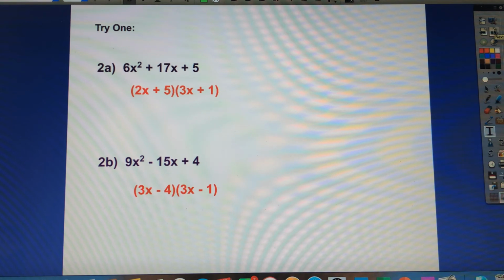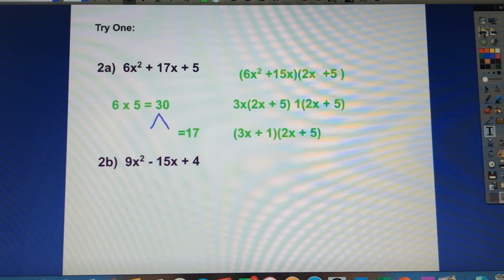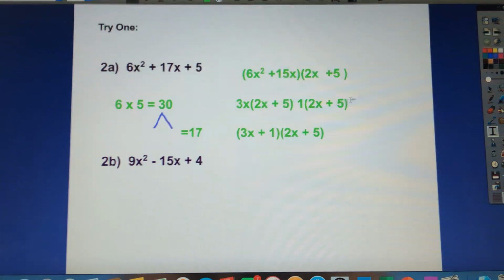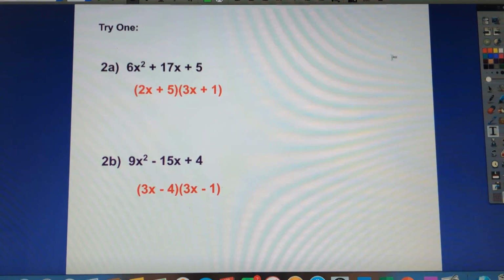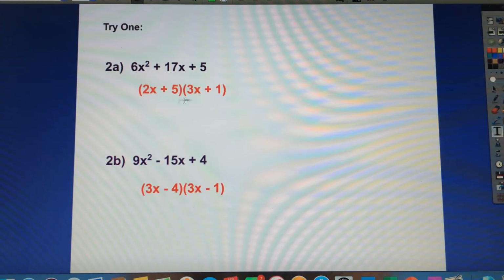And here are my two answers. Uh-oh. Let me see. What did I do wrong? 3x. Oh, 3x plus 1. Notice here, I did 3x plus 1, 2x plus 5. But when I got to my answers, I have them flipped, but they're still the same. It doesn't matter which binomial came first.